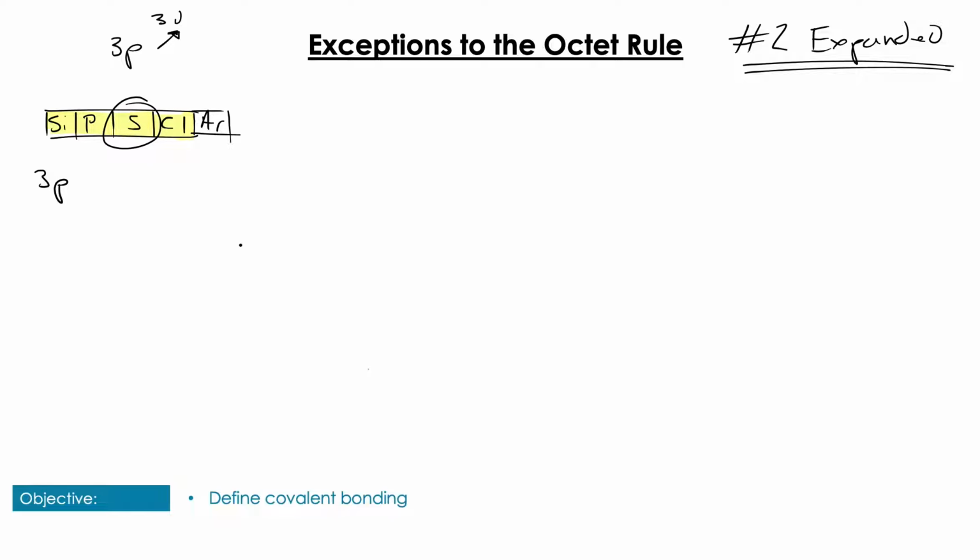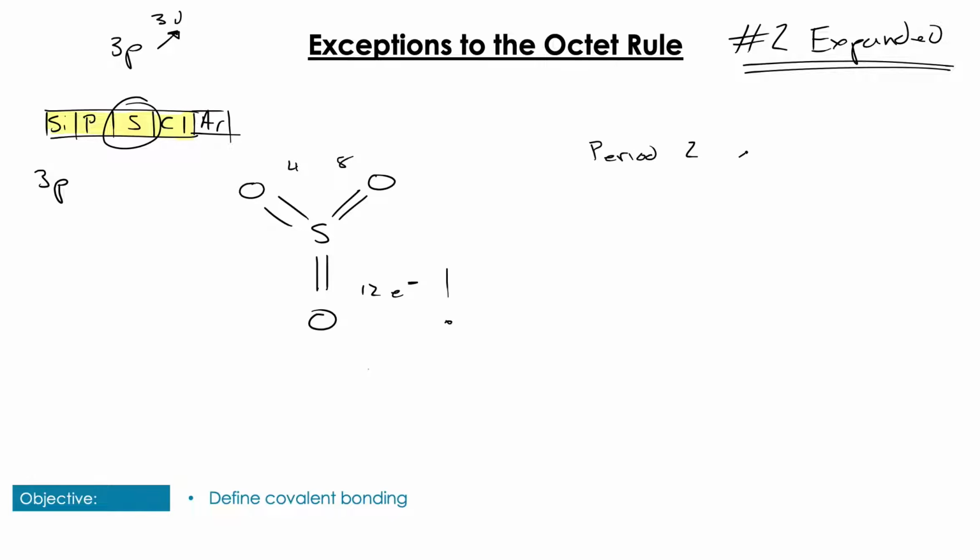SO3 is an example of this, in which we have sulfur in the center bonded to 3 oxygen atoms, to each of which it has a double bond, giving us a total of 12 electrons seen by that central sulfur atom. We'll actually deal with this in a little bit more detail when we look at formal charge.